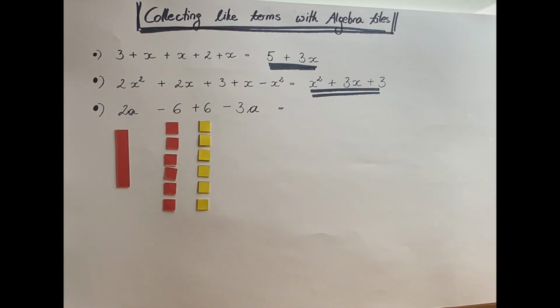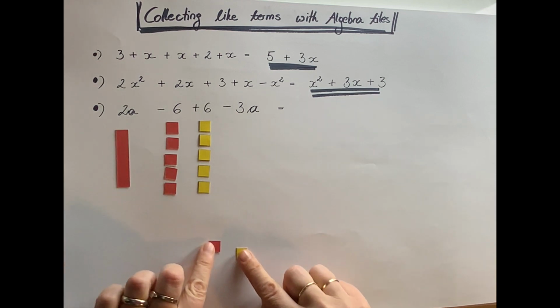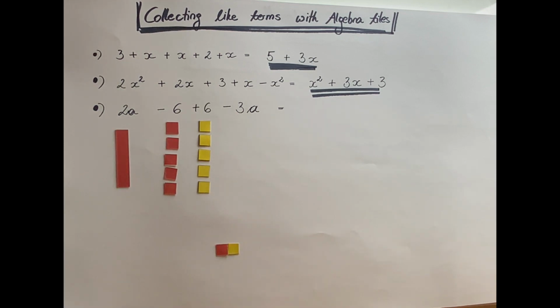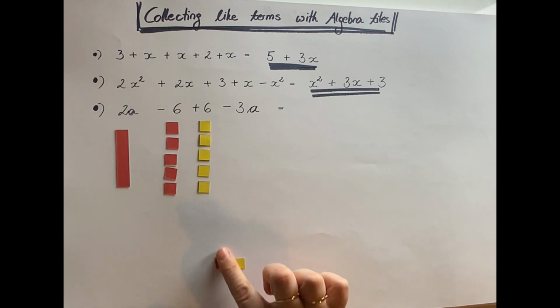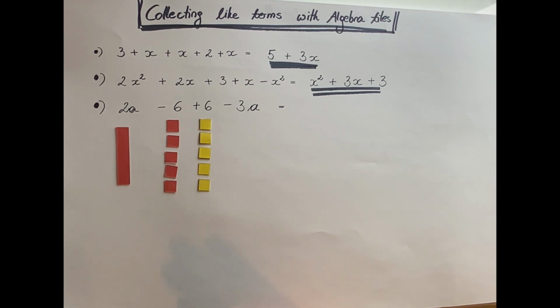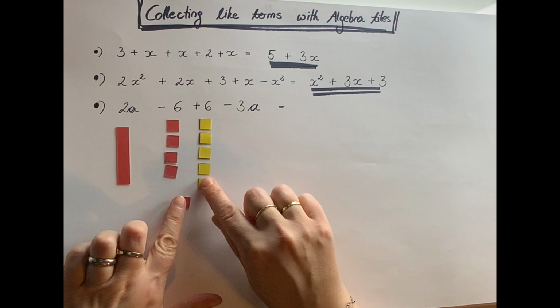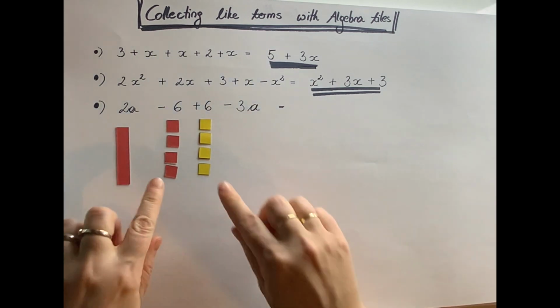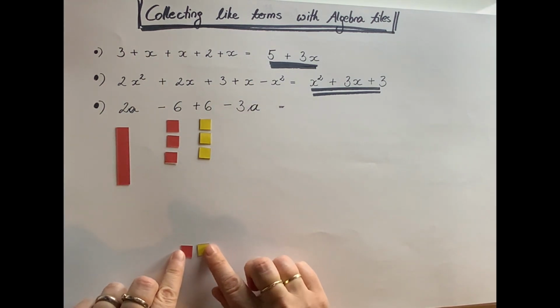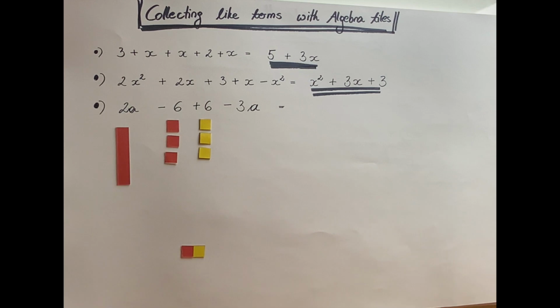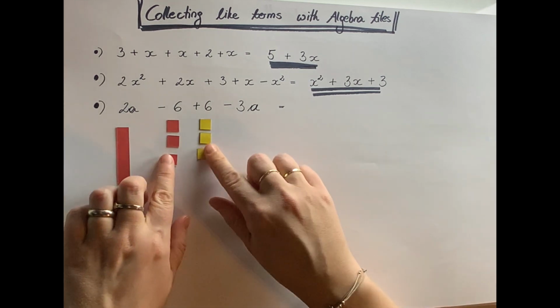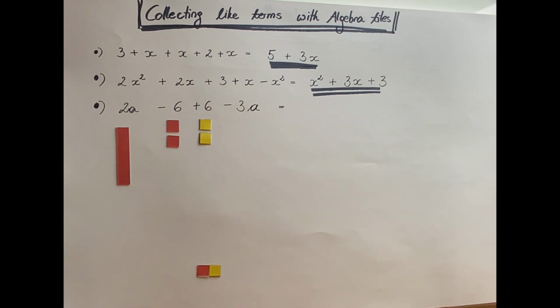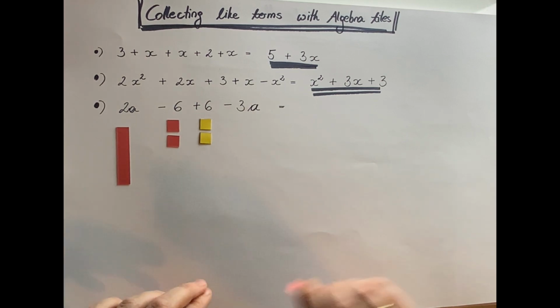Let's look at our units. These two make a 0 term. That's 0, so we put it away. 1 minus 1 gives us 0. Again, 1 minus 1 gives us 0.